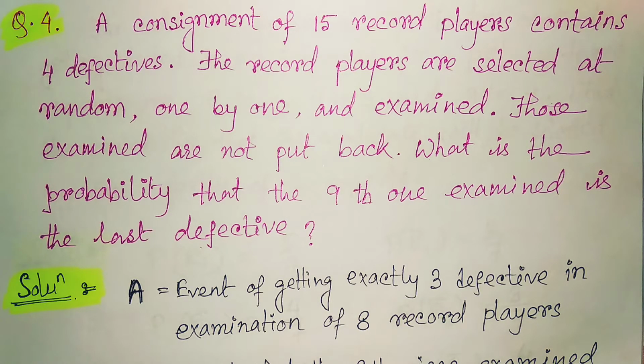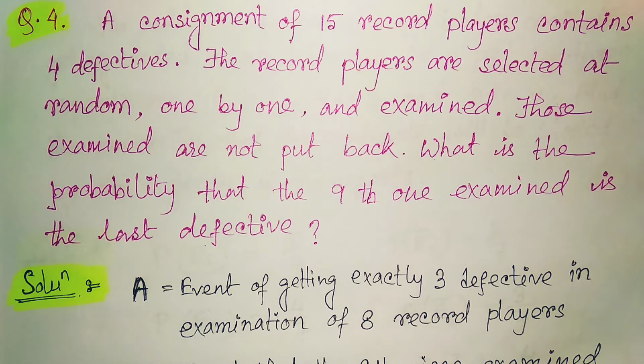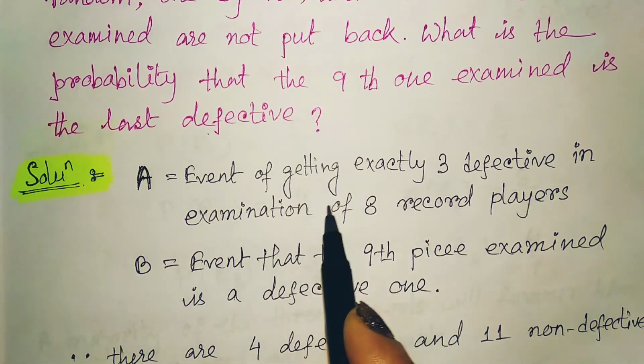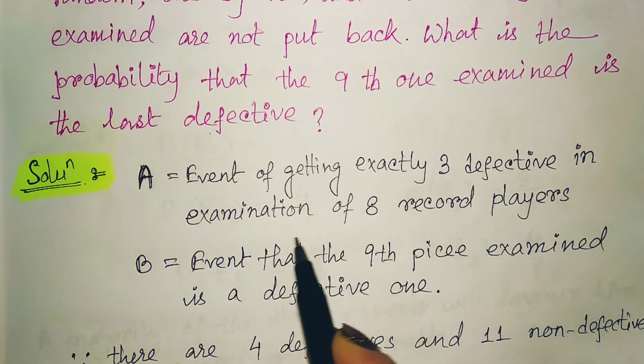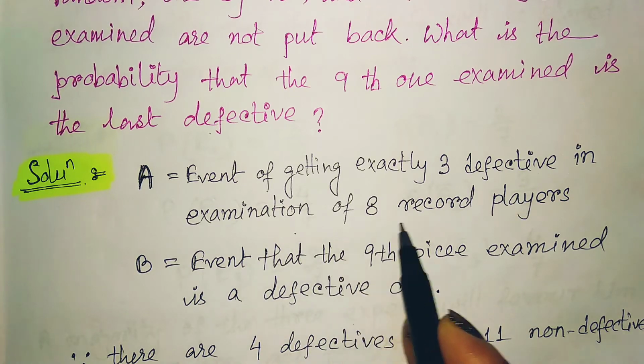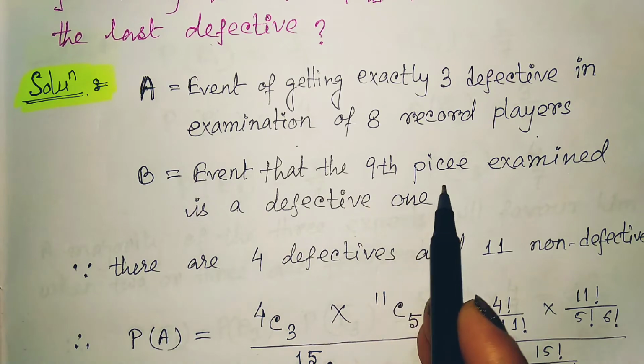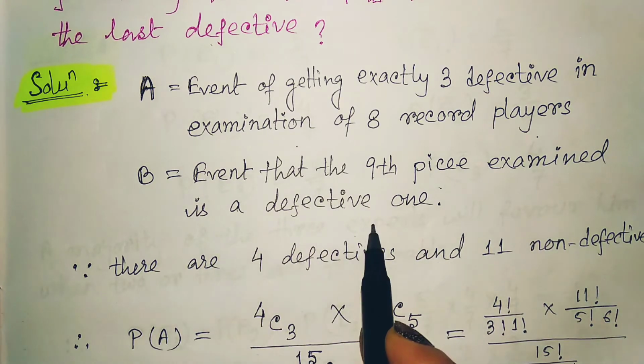That means before the 9th record player is examined, we must get 3 defective record players among the previous 8 examined. So let there be an event A, which is getting exactly 3 defectives in examination of 8 record players, and another event B, that the 9th piece examined is a defective one.